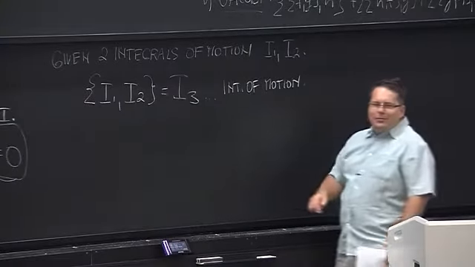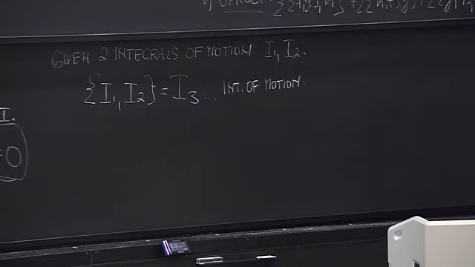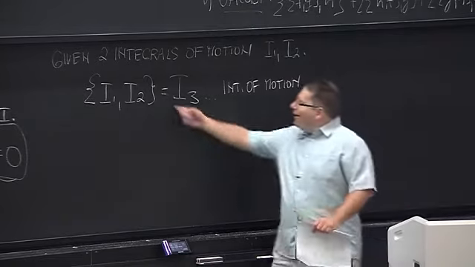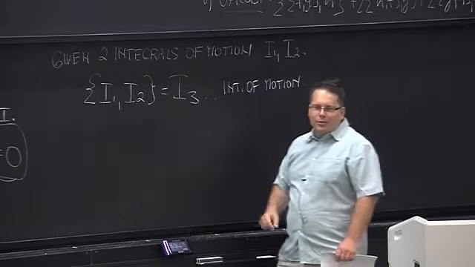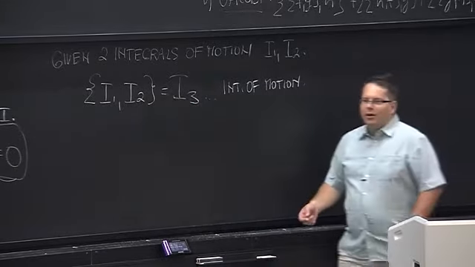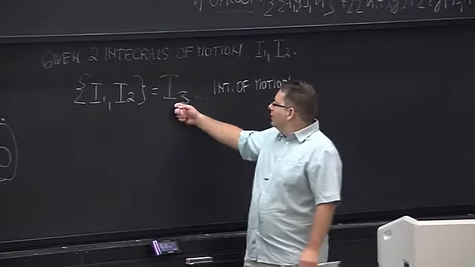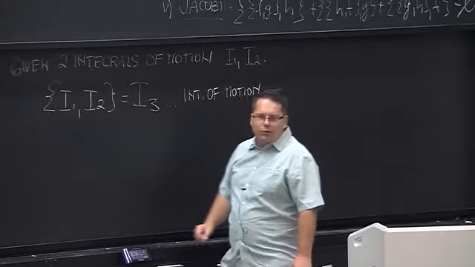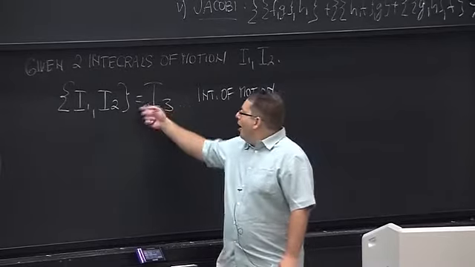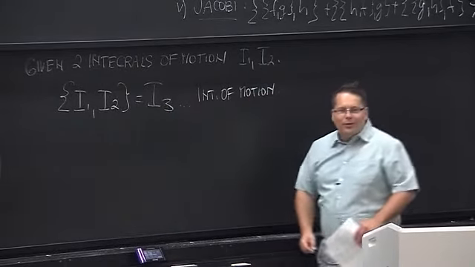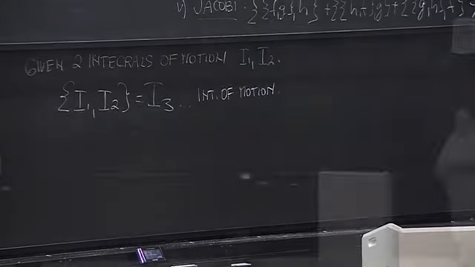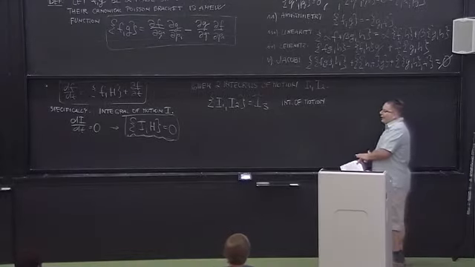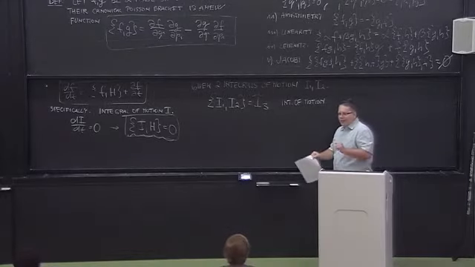So this seems very, very powerful, right? Let's say my system has two integrals of motion. Then I may think, well, I'll generate another one by taking the Poisson bracket of these two. I get a third one. Okay, but then now I have a new one, so I can do I3 and I1, and I get a fourth one. And I get I4 and I3, and I get a fifth one, and so on. So this would be very, very powerful. But unfortunately, this is not typically the case, and typically this terminates very, very quickly.